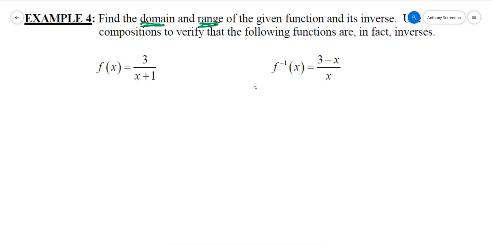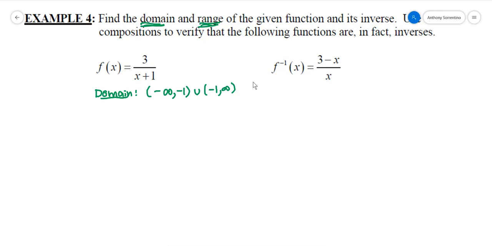Well, the domain for this one is pretty easy. It's all values of x except -1, because -1 would create a 0 in the denominator, and that means it won't exist at that point.